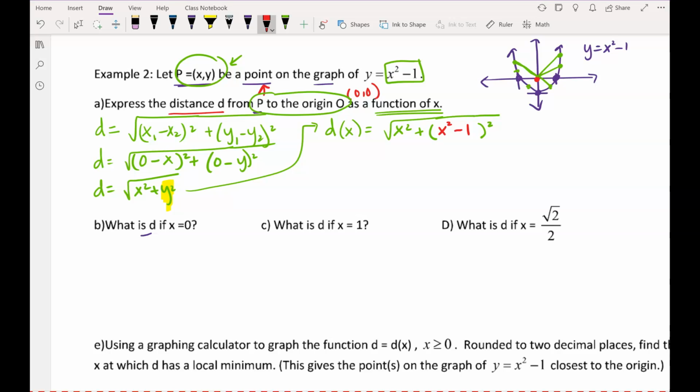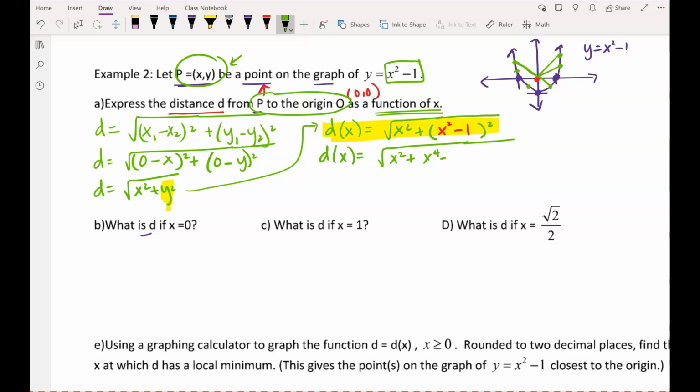So we can leave it like that, students, or you can simplify. On the test, I'll be fine having this as an equation. And if you want to sit here and distribute out the x squared minus 1 and combine like terms, that's also okay. I'll do that for you as well. So here we go. We will have x squared, and we are going to FOIL out the middle, x squared minus 1 squared, so that would be x to the 4th.